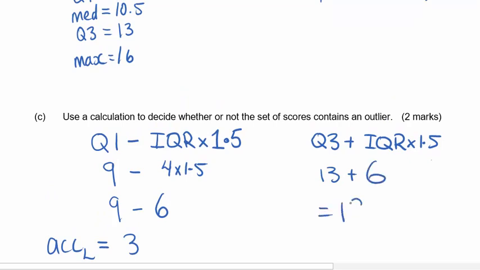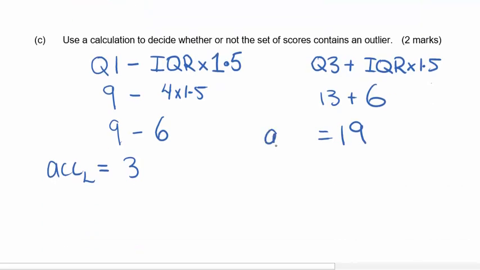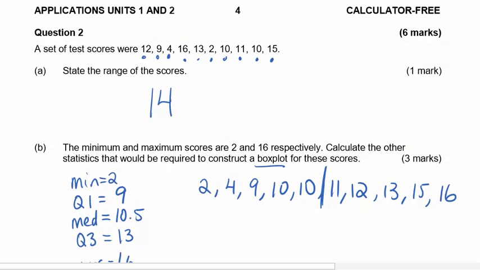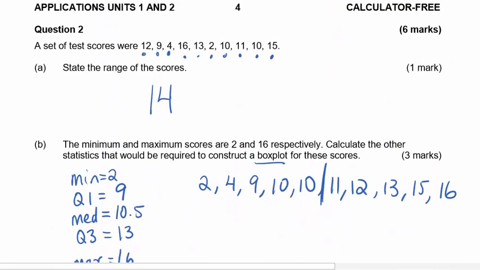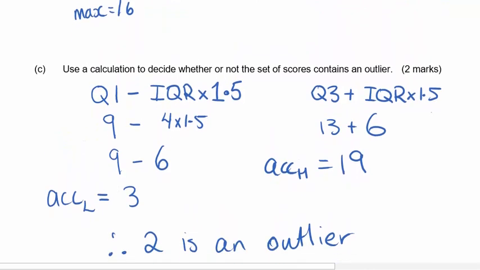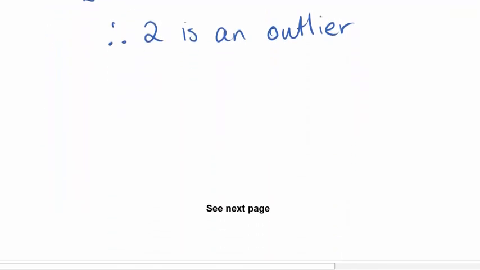And so our highest acceptable value is 19. And so then are any of the values in our list outside of 3 through to 19? And we have 2 in there. So 2 is a mathematical outlier. So we need to make sure that we write that. End of question.